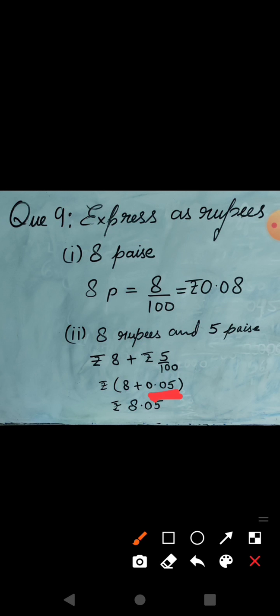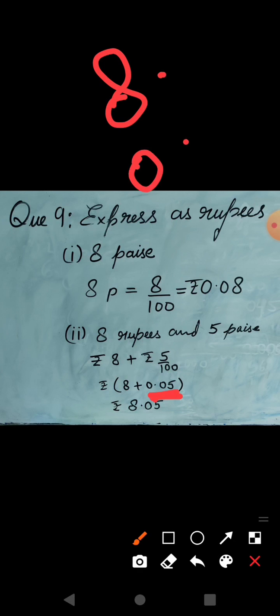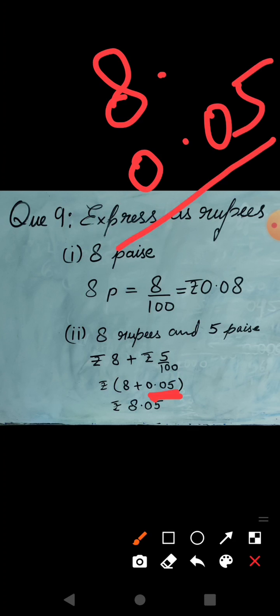Now we'll add these, and how to add? 8. If in any number there is no decimal, it means the decimal is at the end, and the other number is 0.05. We will arrange the numbers in such a way that the decimal is below the decimal. And now we will add.